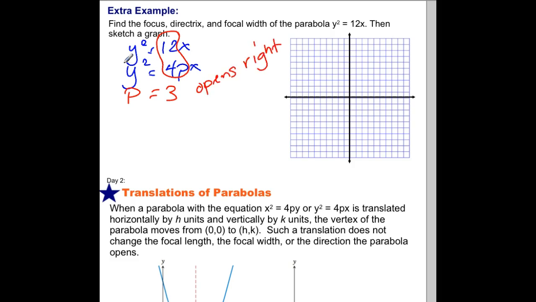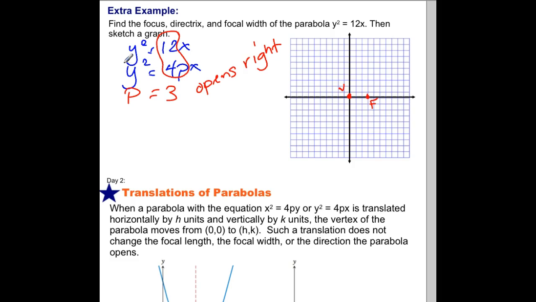All right, so let's sketch what we know so far. We've got a vertex at the origin. We know it's going to curve to and open to the right, and our directed distance from the vertex to the focus is a positive 3. So we're going to go 3 units to the right to get our focus.